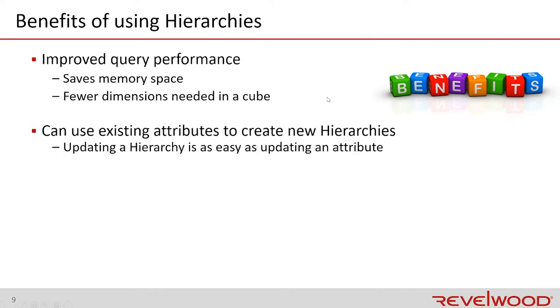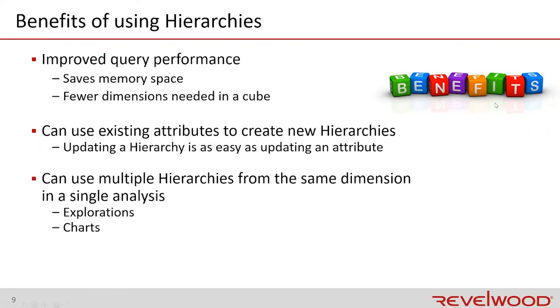You're able to use existing attributes to create these new hierarchies. So either through the user interface or through Turbo Integrator, you're able to convert attributes into a new hierarchy or a new consolidation structure. And as I mentioned earlier, now I know why Lee was suggesting that I was on the wrong slide, is that you can use multiple hierarchies in one report.